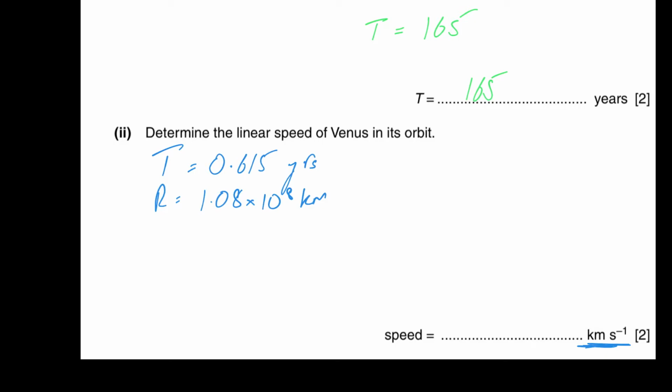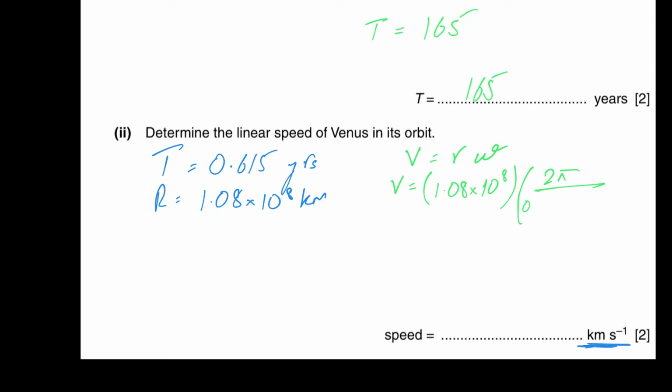The formula for linear speed or tangential velocity is V equals R omega. V equals R, radius in kilometers is 1.08 into 10 to the power 8 kilometers. Omega is 2 pi upon capital T, that is the time period.